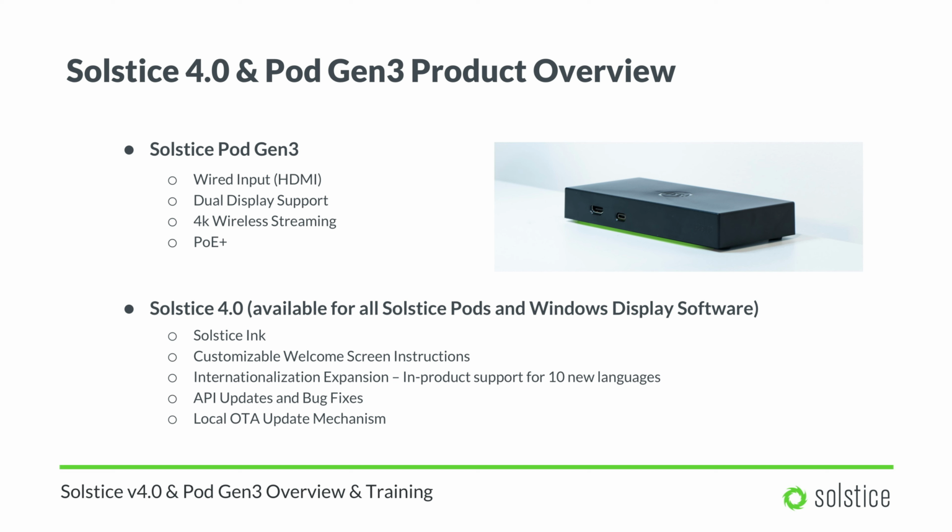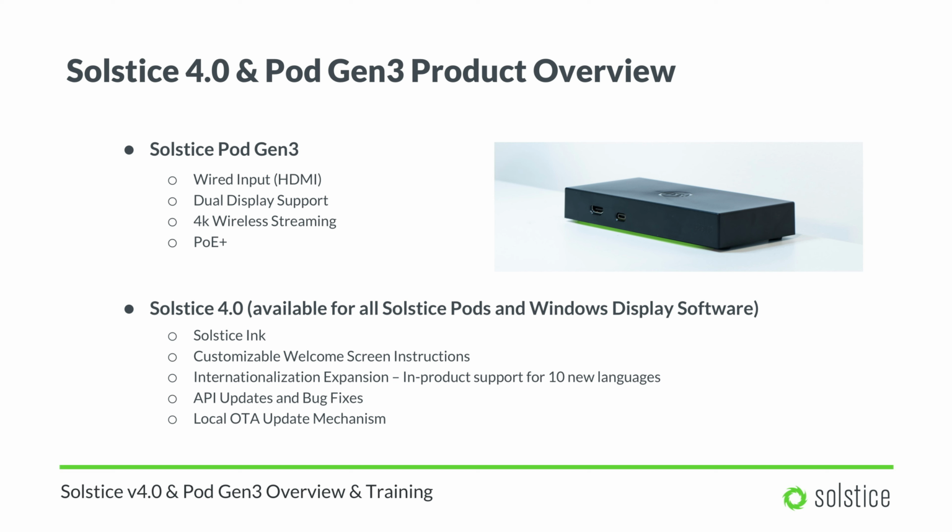One is we just believe in Moore's law and draw on mass market adoption of very good compute platforms for our customers. But at the same time, that allows us then to build new features for the next several years in a market that's hungry for a single intelligent platform that defines how a meeting will unfold in the modern workplace. So let's look at Solstice Pod Gen3.